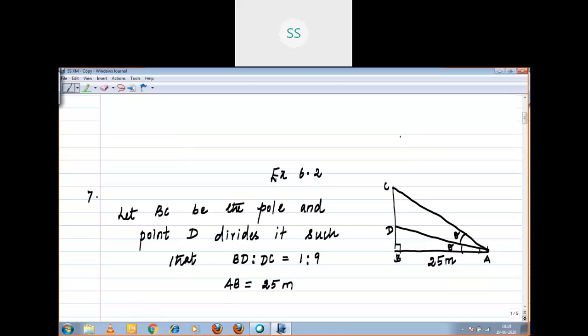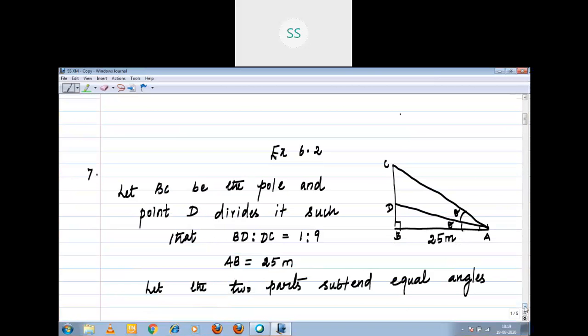Got it, children? Now, let the two parts subtend equal angles. You have to listen carefully, children. That's why I am going slowly.